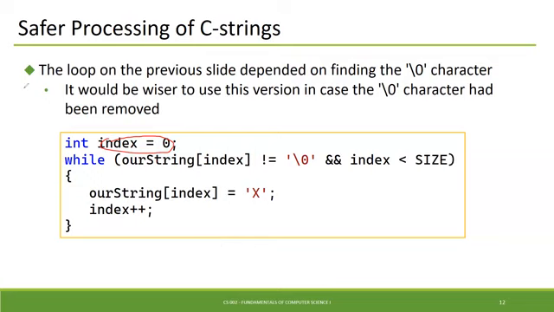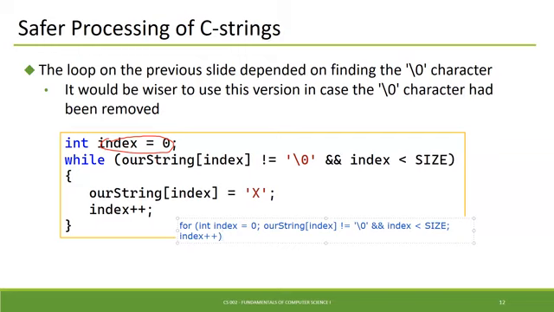But guys, think about this. Which one is better for you? For int index starts from 0, and then our string index is not null and index is less than size, index plus plus.